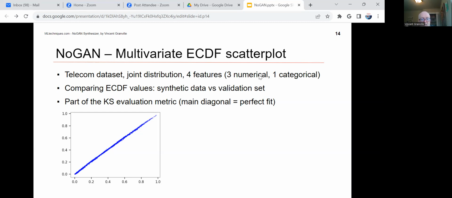But anyway, the ECDF takes values between 0 and 1. You have an ECDF both for the validation set and for the training set, each taking values between 0 and 1. So you can create a scatter plot, and if all the dots are on the main diagonal, that would mean a perfect fit.